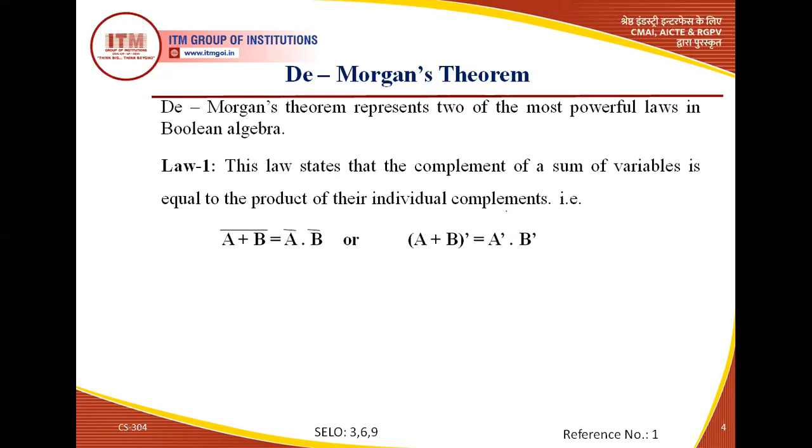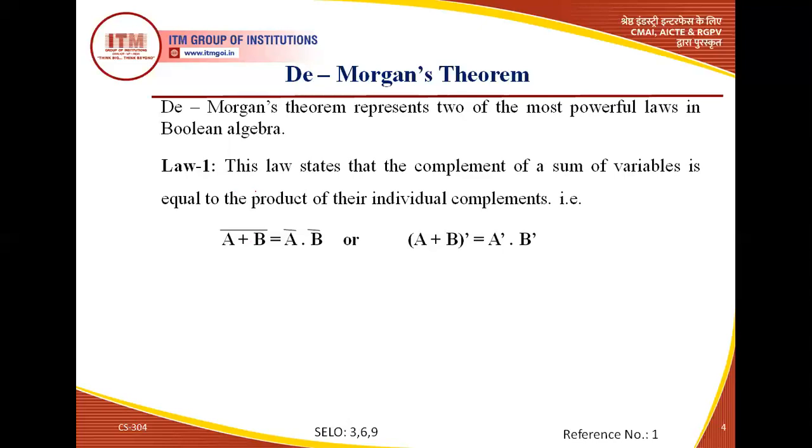That means if we have 4 variables, then the complement of their sum, (a + b + c + d) whole bar, is equal to a bar dot b bar dot c bar dot d bar. So that is the statement of the first law.